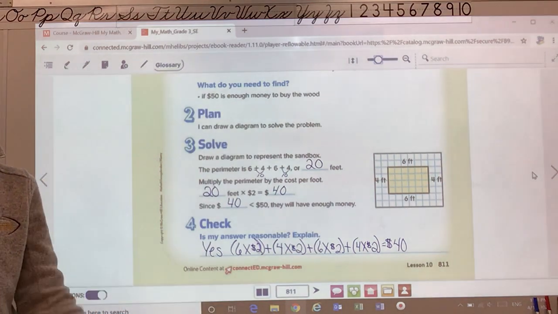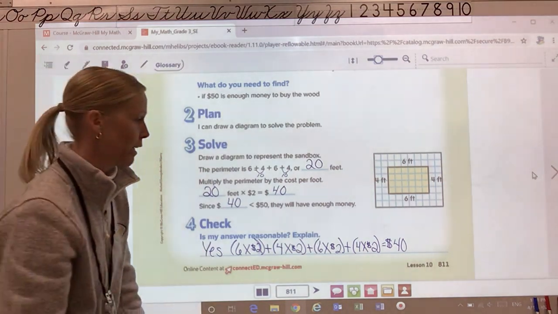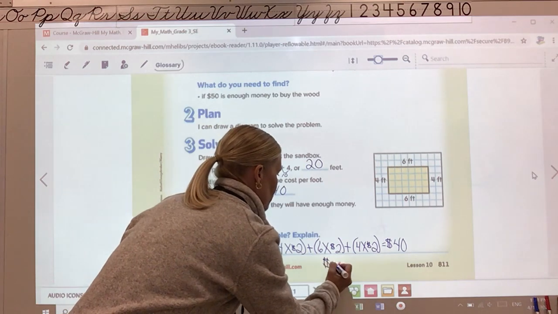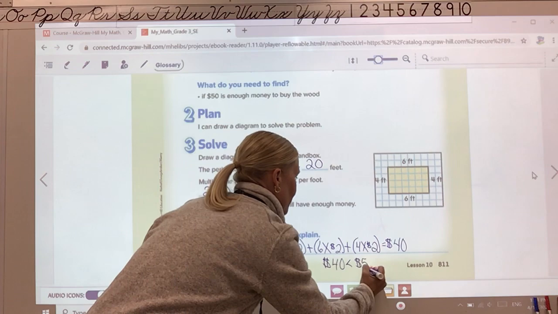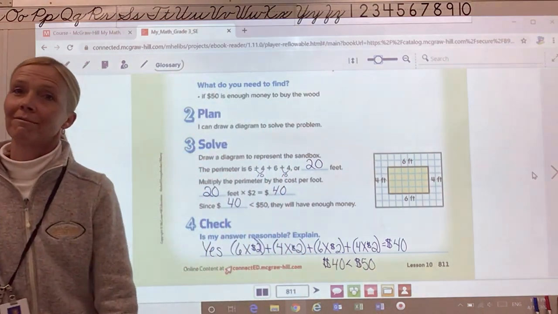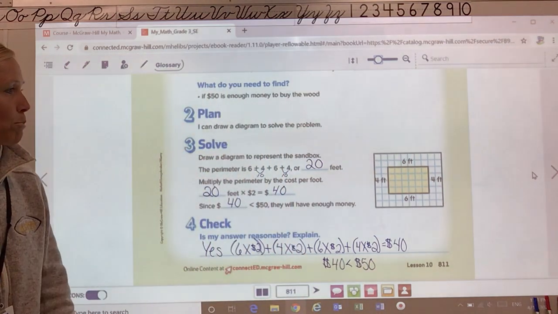And then sometimes Mrs. Shreddy just likes a really simple way of putting it: it's reasonable because I know that $40 is less than $50. Okay, so that's how we're stepping through these problems today.